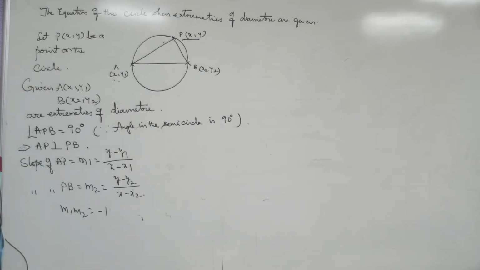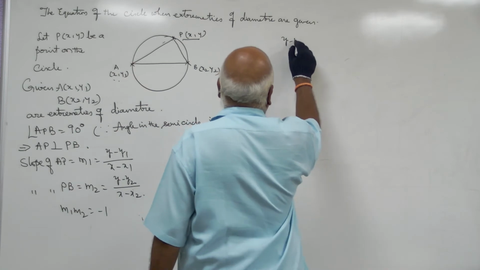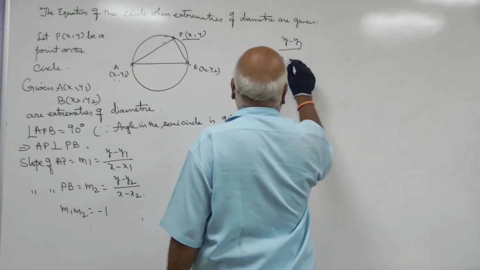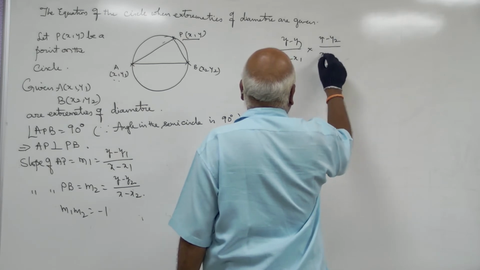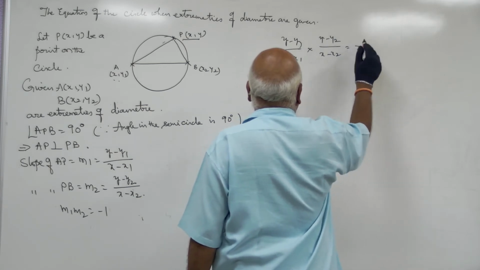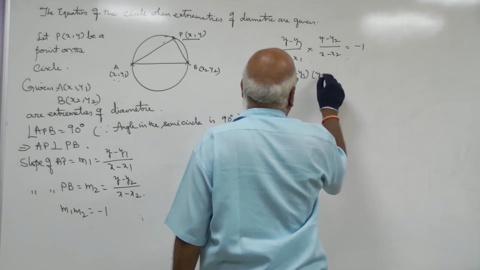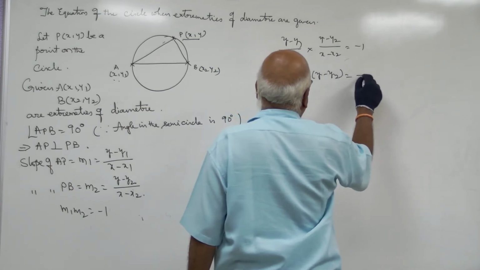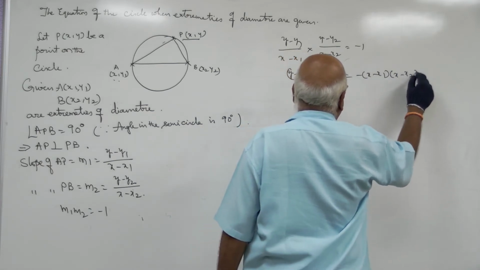When AP is perpendicular to PB, the product of the slopes is minus 1. That is, (y minus y1) by (x minus x1) into (y minus y2) by (x minus x2) equals minus 1. So (y minus y1)(y minus y2) equals minus (x minus x1)(x minus x2).